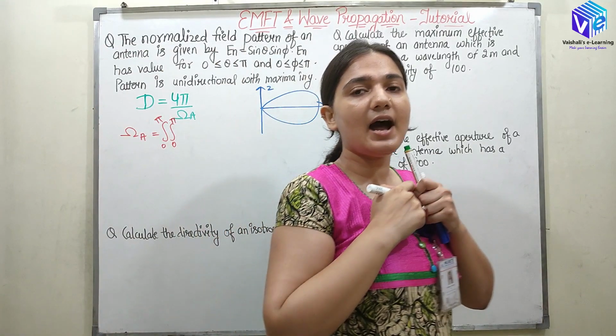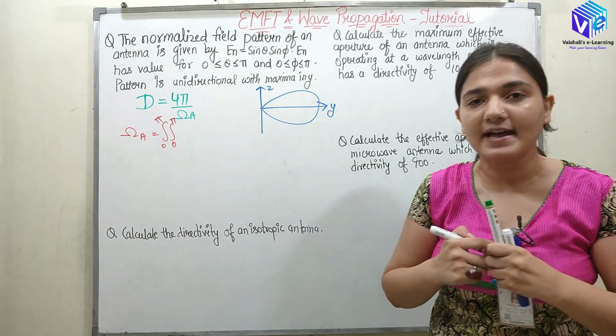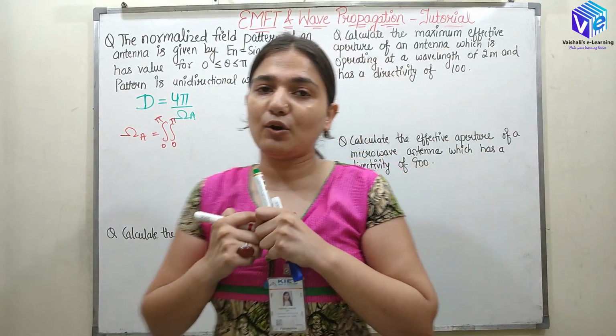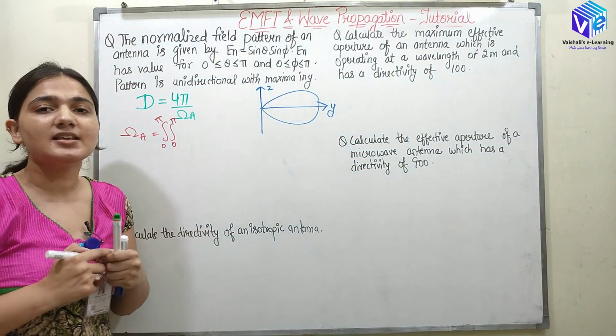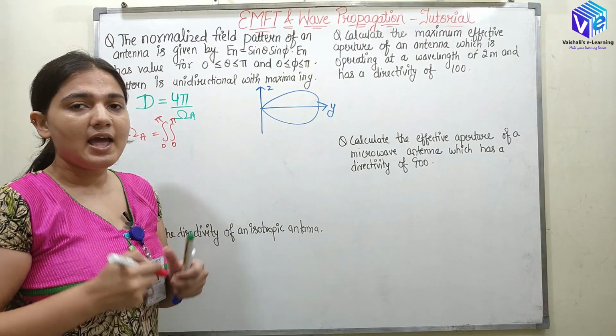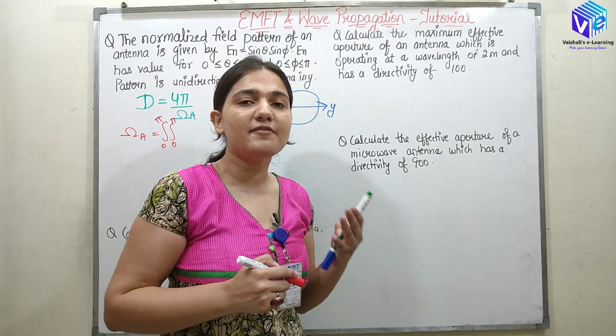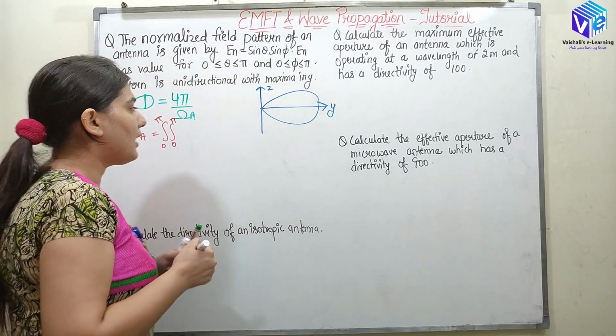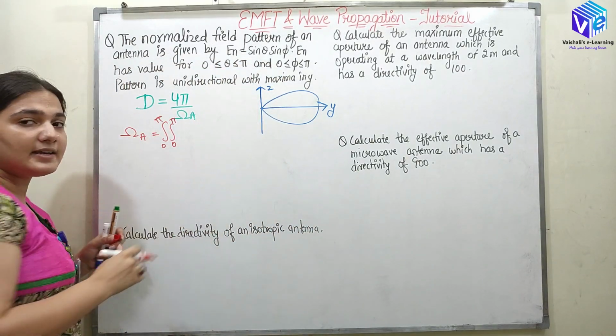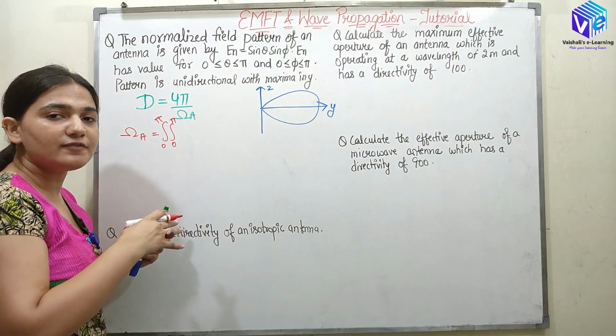Again I am saying I will be using the spherical coordinate system because the radiation patterns have spherical symmetry, and if you try to use any other coordinate system it will be very difficult to understand the beam area and find all of the parameters.